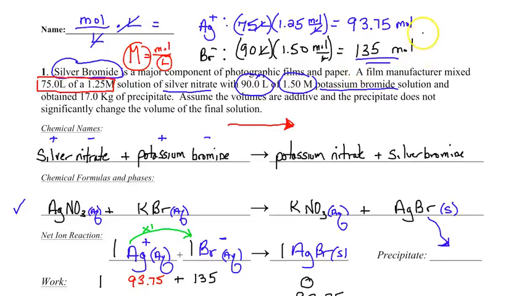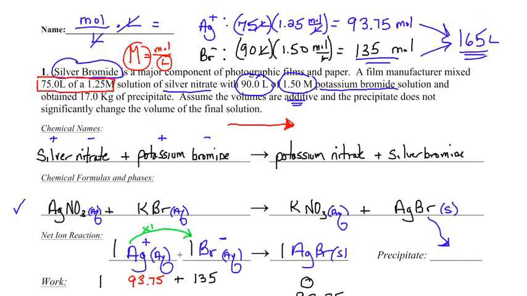But these solutions were poured together. Now, assuming that the volumes are additive, and there are scenarios where they're not, but they're telling us that they are, how many total liters do I have when I pour these two solutions together? Well, 75 plus 90 is 165 liters. Very simple.